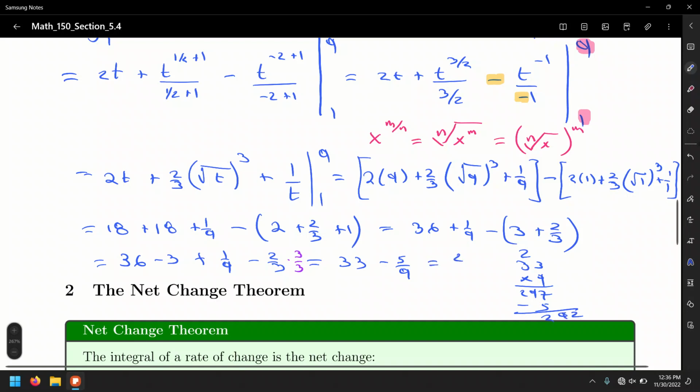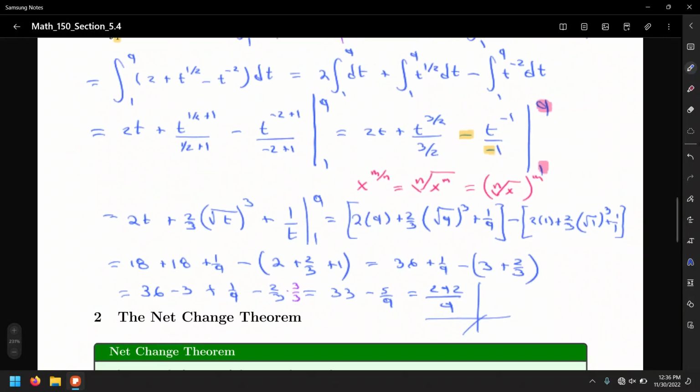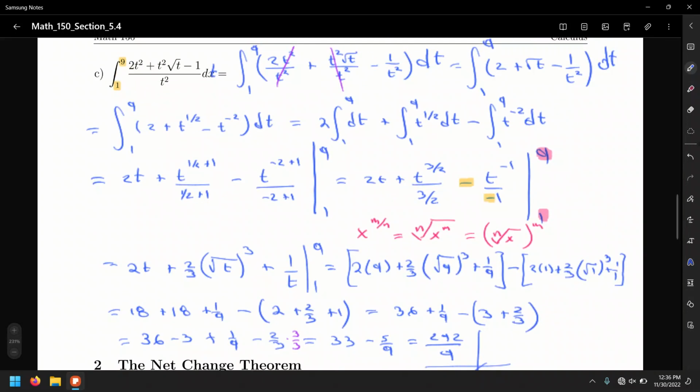So this is 292 over 9, and that's the final answer for this integral. And again, this numerical result that we obtain from integrating this madness is the value of the area under the curve for the function that we had in the integrand within the limits 1 and 9.